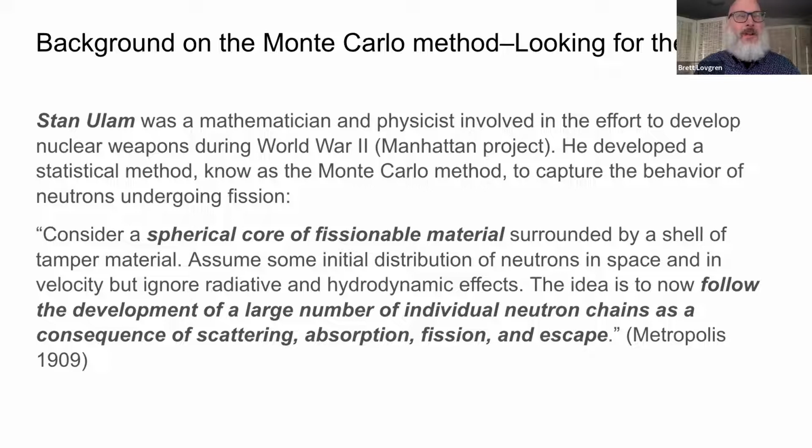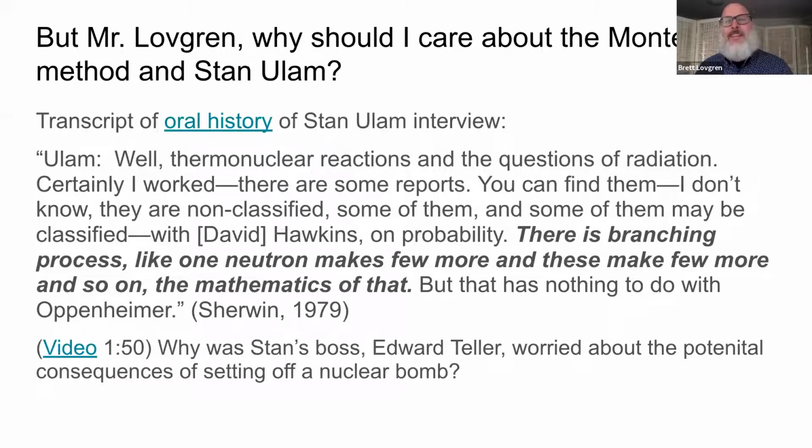One of the things that was interesting to me is there was an oral history done years later, and they interviewed Stan Ulam, and he said, well, we were interested in this branching process. One neutron makes a few more and a few more, the mathematics of that. And so this Monte Carlo method was invented to understand that process.